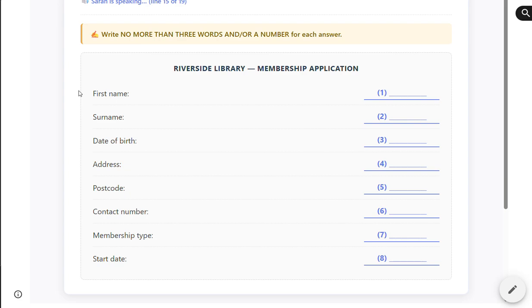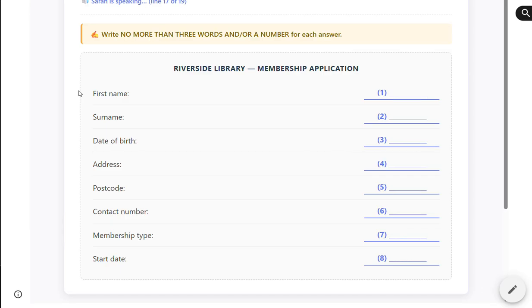Great, and finally, would you like the standard membership or the premium membership? Standard gives you access to books and DVDs, while premium also includes audiobooks and up to 10 renewals a month instead of 5. I think I'll go with the premium one, since I listen to a lot of audiobooks.